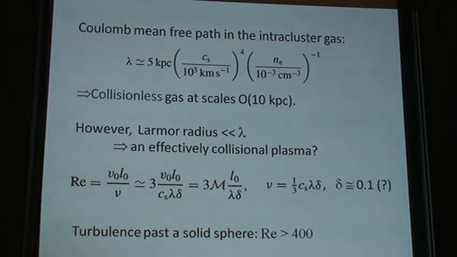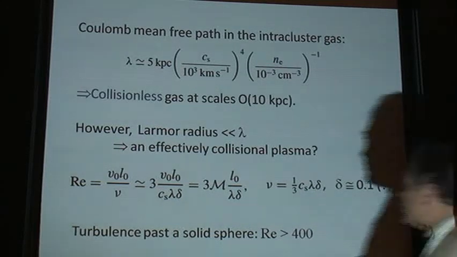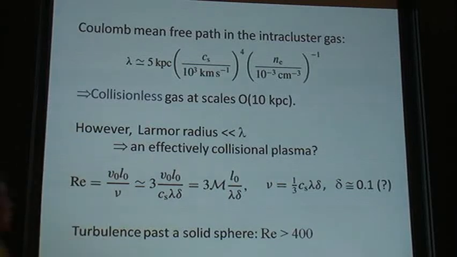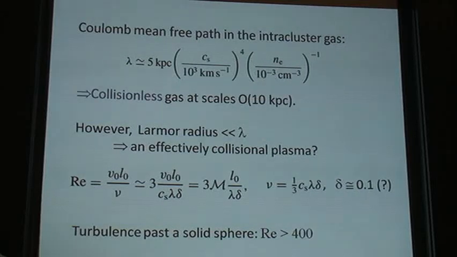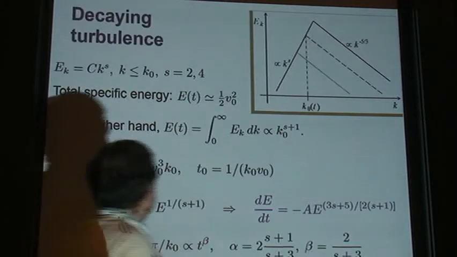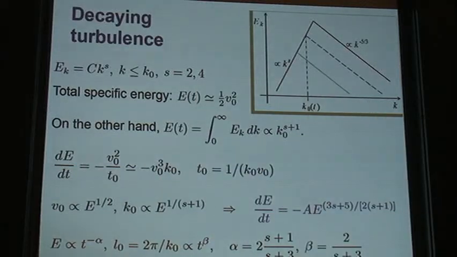People believe that in magnetized plasma, we can still apply the equations of magnetohydrodynamics. But this is probably the largest caveat in everything I will be saying: that the gas, in fact, is collisionless, but it's magnetized.